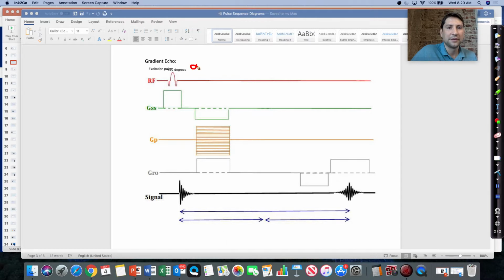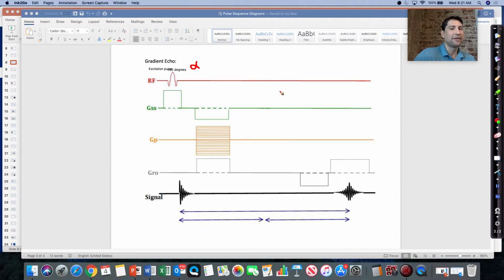So make sure you know this typically means you have a variable flip angle, meaning less than 90 degrees. Our second line is still our slice select gradient, and you can see that it only turns on during that initial excitation pulse that is less than 90 degrees.